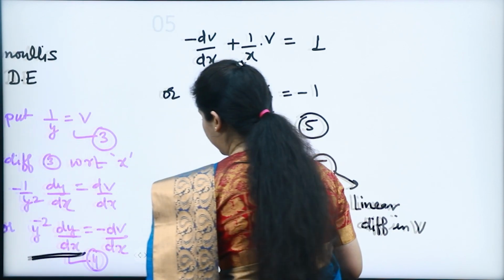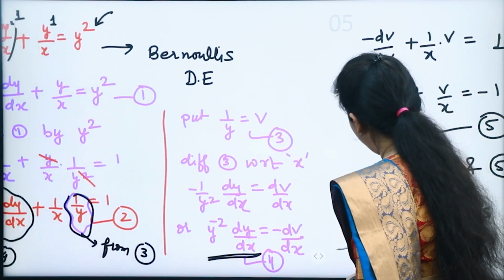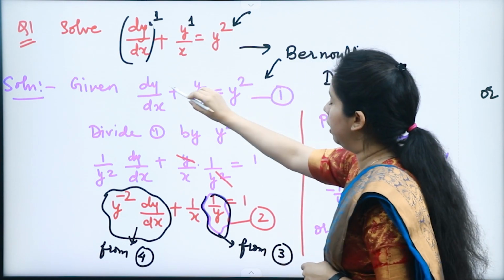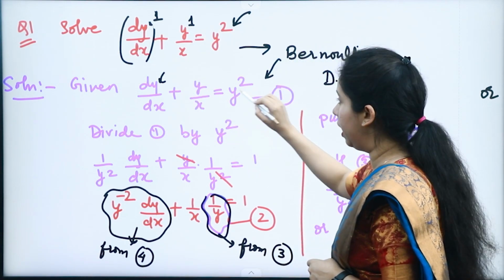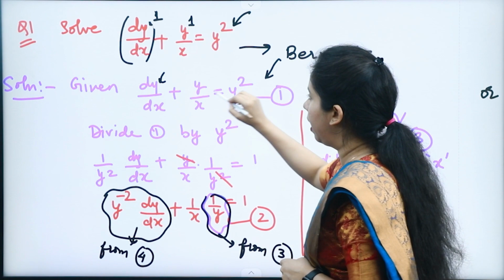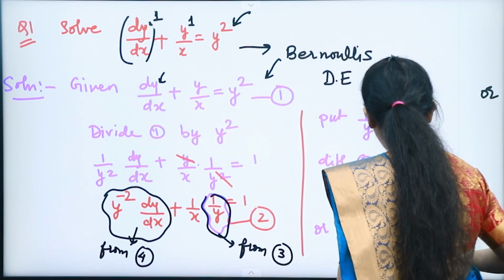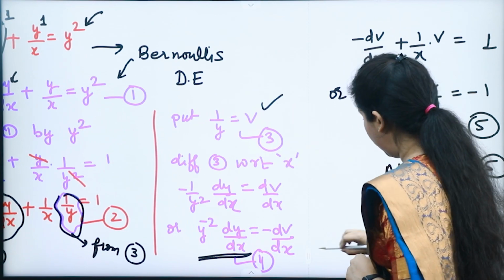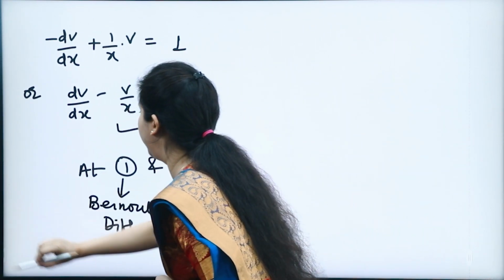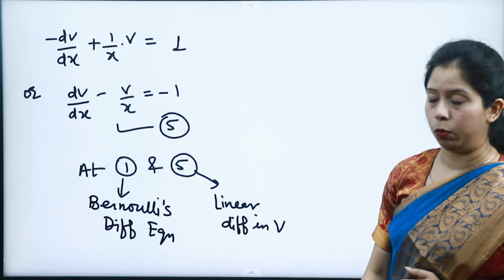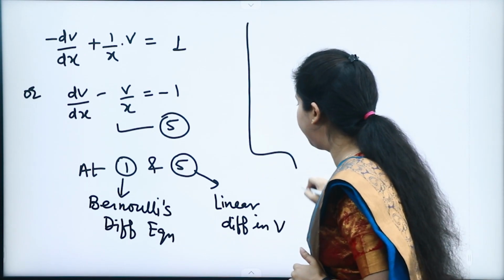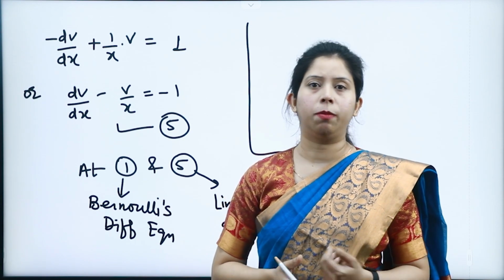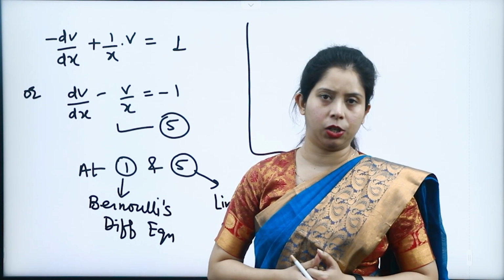So we can also check it once again. Here equation number 1 was Bernoulli because the dependent variable was y. Here the degree of y and its derivatives was not 1. So we used this substitution, and transformed equation number 1 to equation number 5, which has now become a linear differential equation. So now this equation number 5 can be solved by the usual method of linear differential equations.